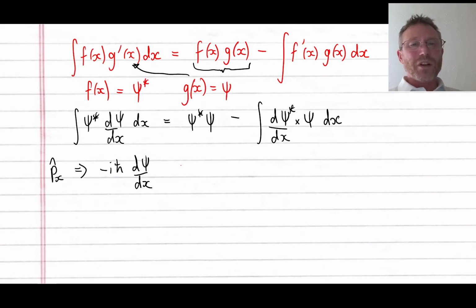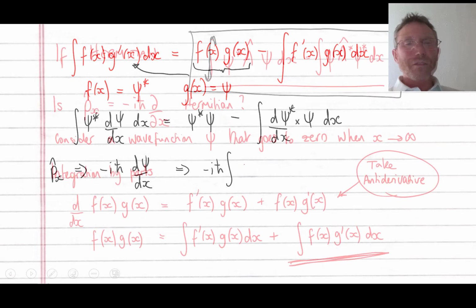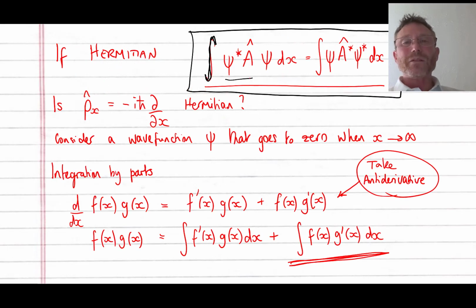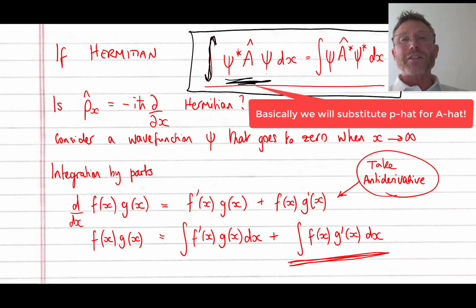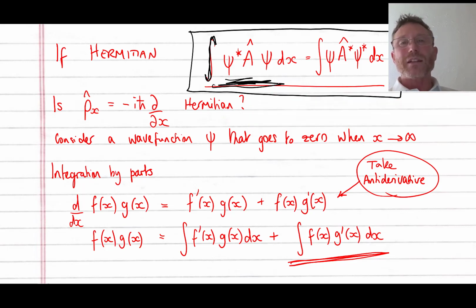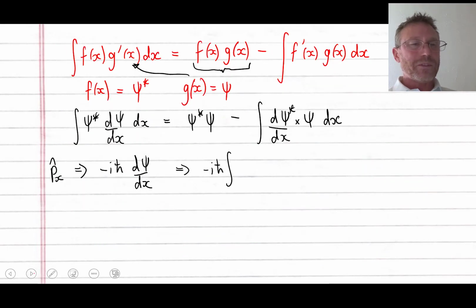So what I ultimately want to do, and we'll see this shortly, is take the minus i h bar outside and do an integral of psi star multiplied by the operator that's operating on psi. So I'm going to try and reproduce this left-hand side of the equation, and this is why it's relevant.